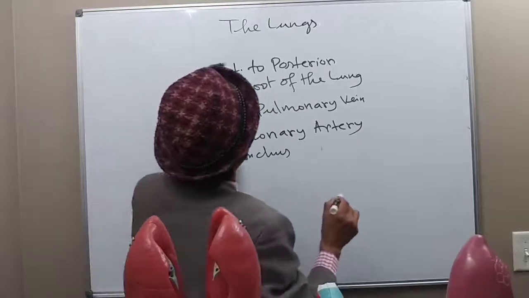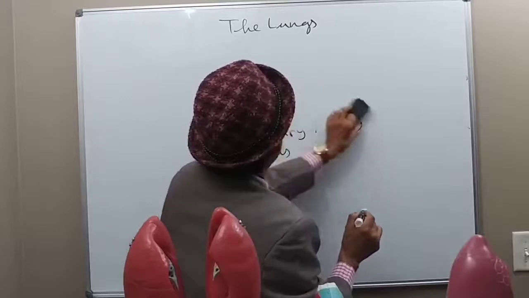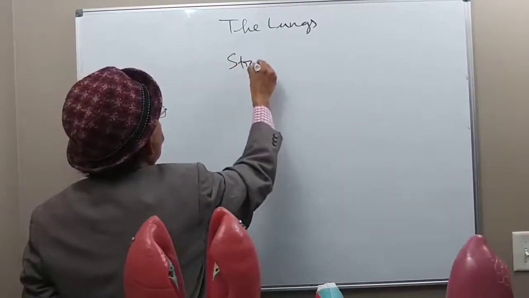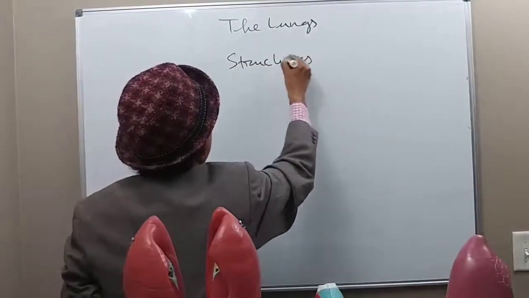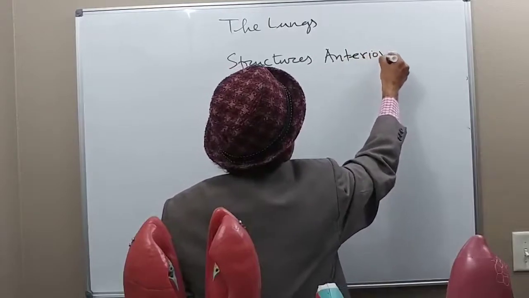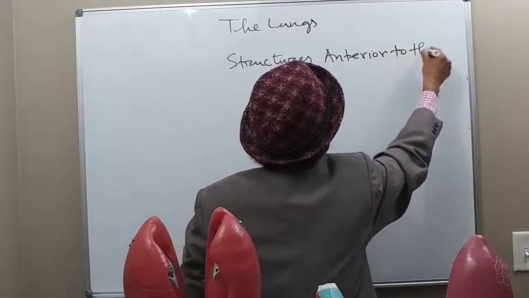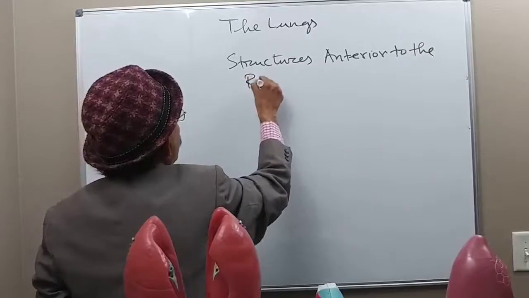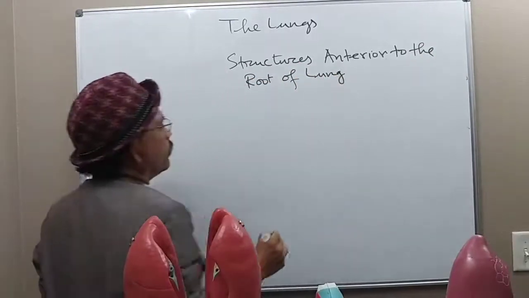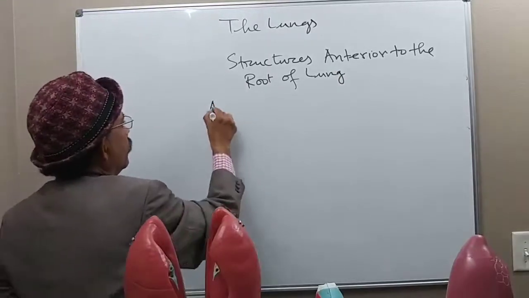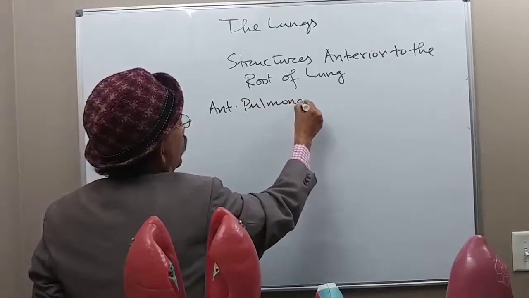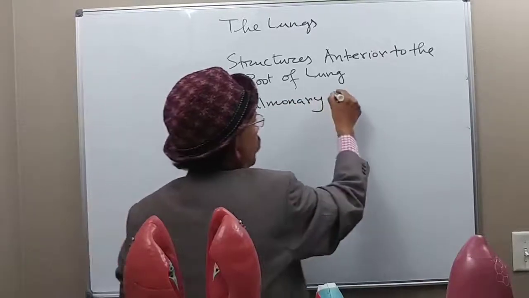Now we have to find out what structures are present anterior to the root of the lung. We have the anterior pulmonary nerve plexus.